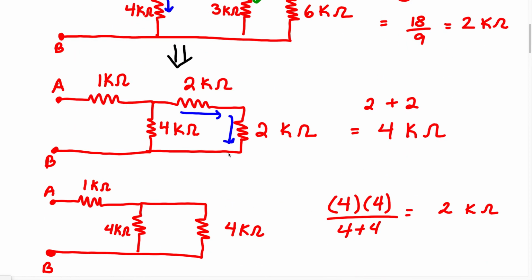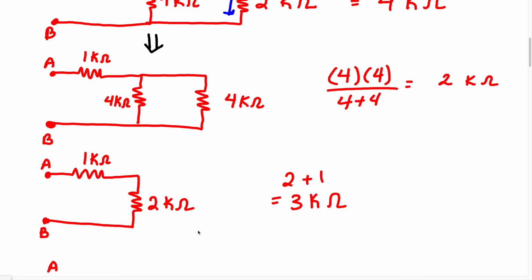Now that we have this circuit diagram, we notice that these two resistors were in series. So we added these two resistors, and then we redrew the diagram once again, and we got this diagram here. Taking into account that we have a 4 kilo ohm resistor here and a 4 kilo ohm resistor here, and these two are in parallel, we found the equivalent resistance, and that gave us this circuit diagram here.